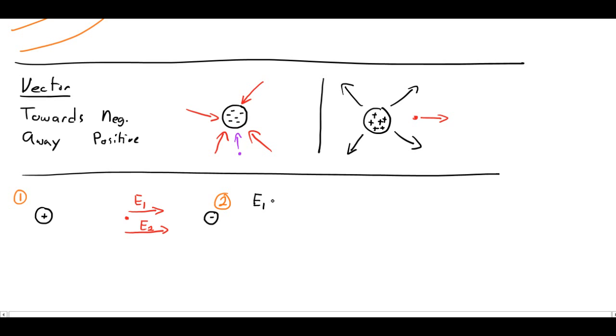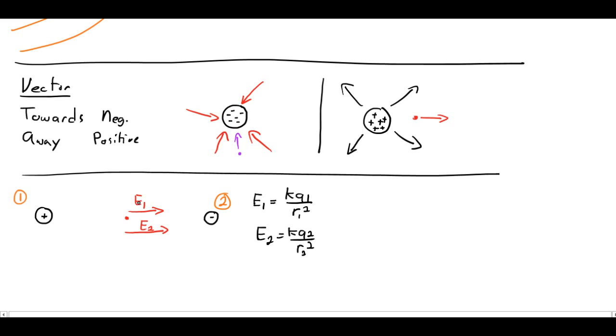We can say electric field 1 will equal K Q1 over R1 squared, where R1 is just the distance between charge 1 and our point. We can find E2 by saying K Q2 over R2 squared, where again, R2 is just the distance between the point and Q2.